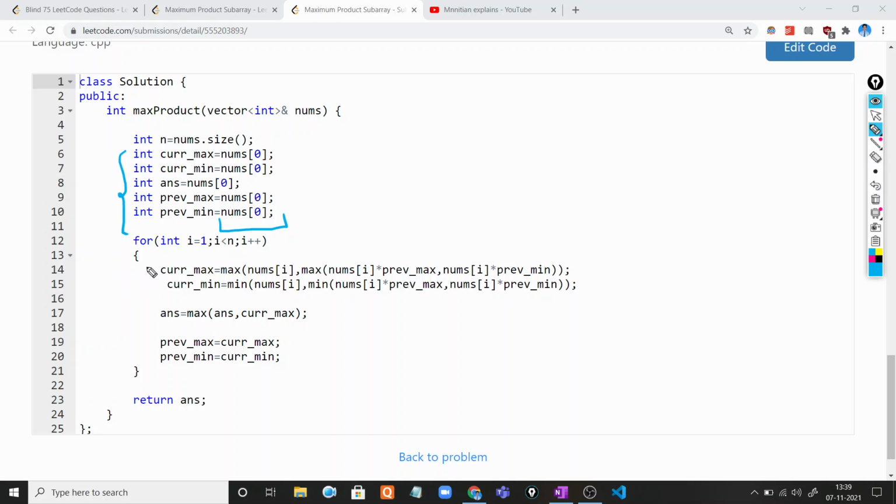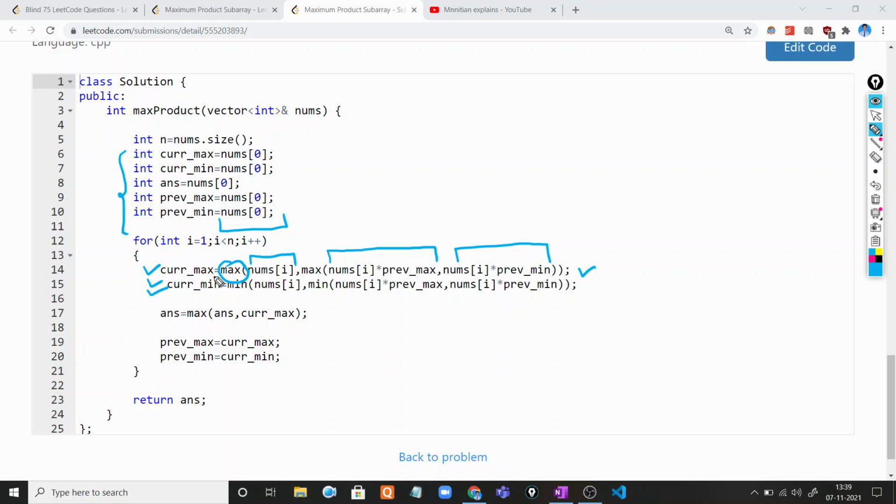After these two steps, we have to find the current max. There are three possible ways in which we can get the answer: from nums[i], nums[i] times previous max, and nums[i] times previous mean, and overall we take the maximum.